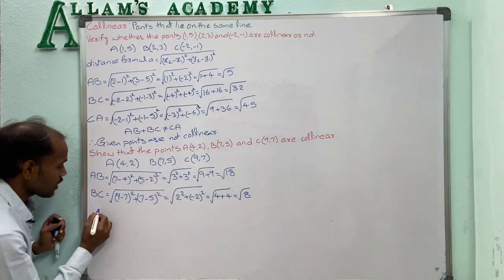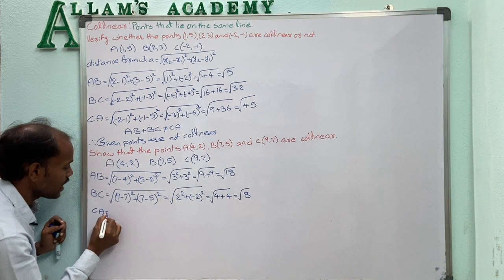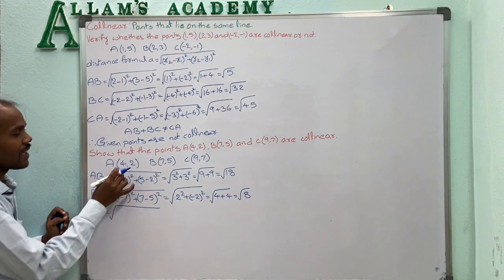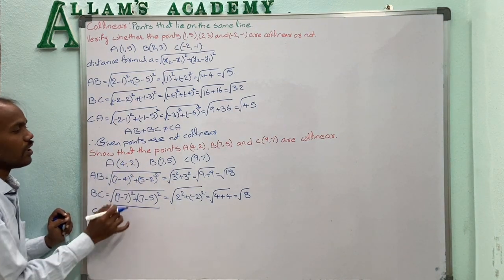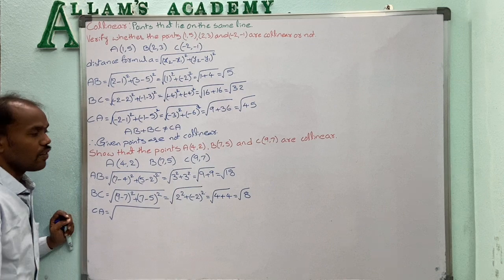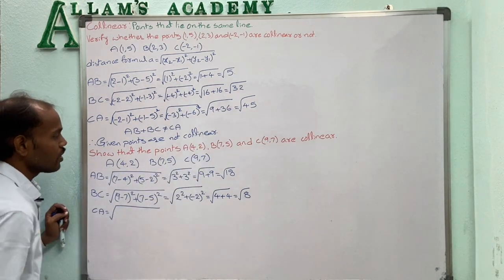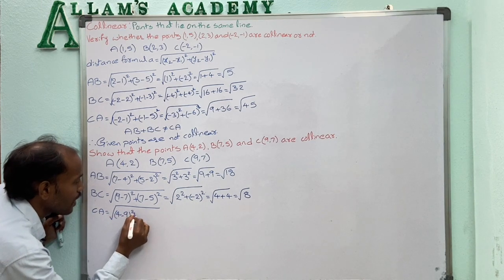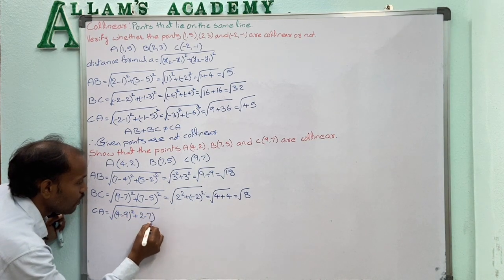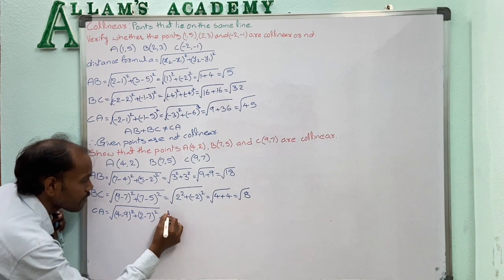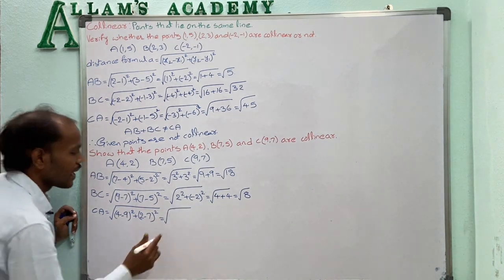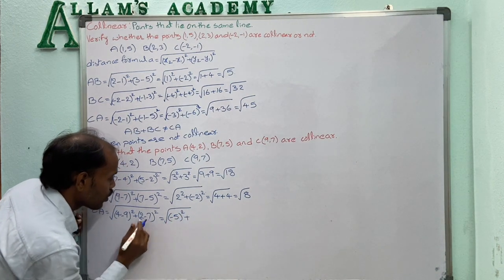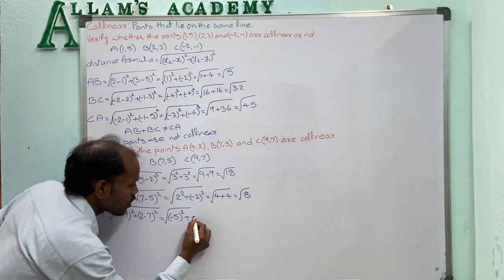Next, the distance between the points C and A. Here the C coordinates are taken as x1, y1 and the A coordinates as x2, y2. That means (4 minus 9) whole square plus (2 minus 7) whole square. 4 minus 9 is minus 5, and 2 minus 7 is also minus 5.